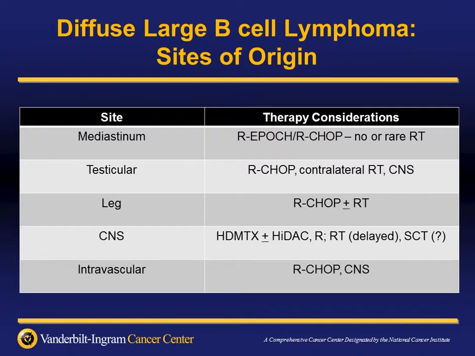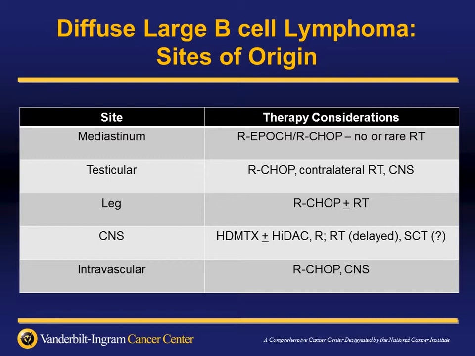So let's look at diffuse large B-cell lymphoma at sites of origin, and that's the way B-cell lymphomas have often been defined, where they start. So the mediastinal large B-cell lymphoma has traditionally been treated with R-CHOP plus minus radiation. There's some data that R-EPOCH may be able to decrease the need for radiation.